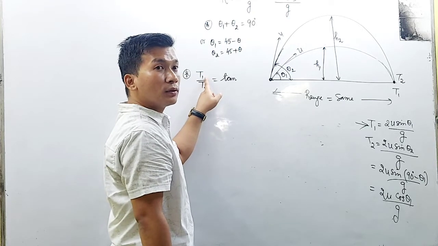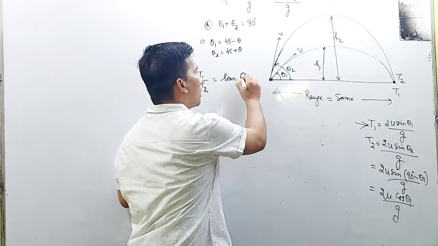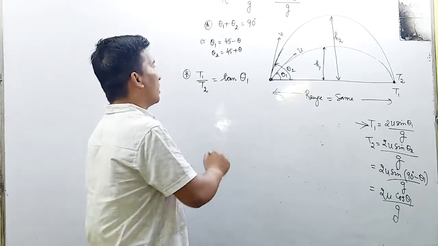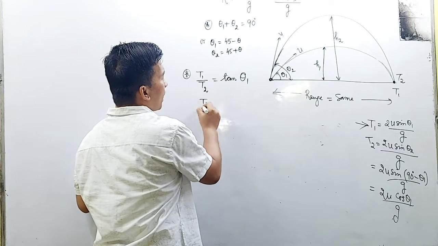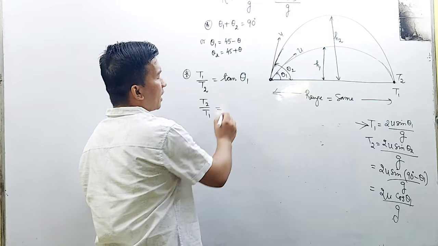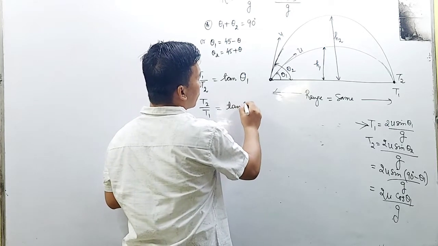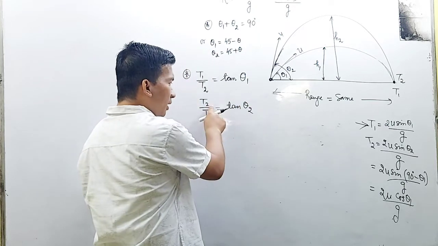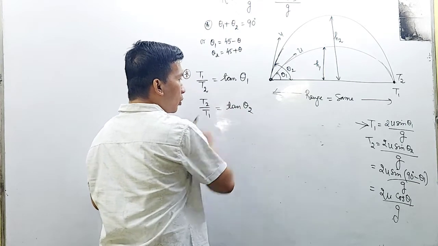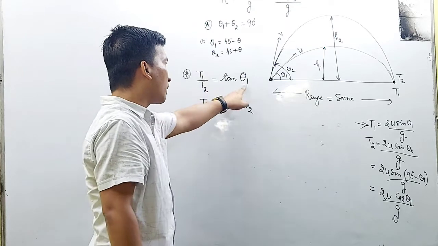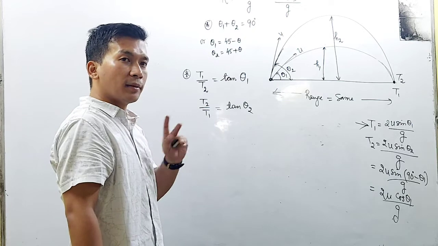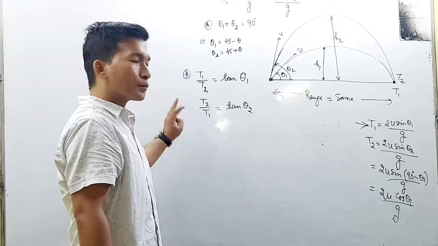If you accidentally write it as T2 divided by T1, instead of writing like this, it will still be tan of theta, with the numerator and angle matching. Whatever the numerator is, the angle follows: 1 with 1, 2 with 2.